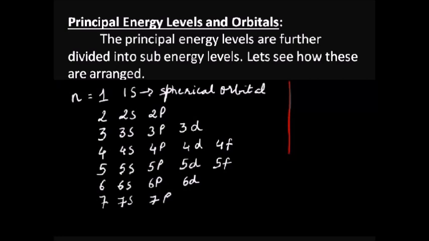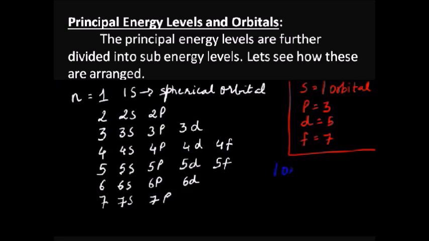Now let's see how many orbitals are there in each sub-energy level. S has 1 orbital, P has 3, D has 5 and F has 7 orbitals.